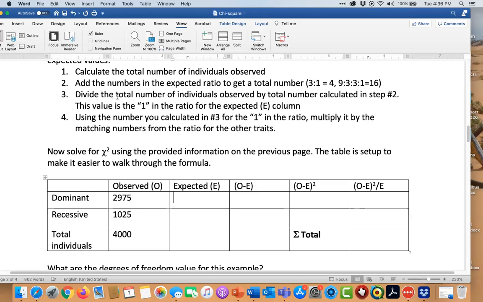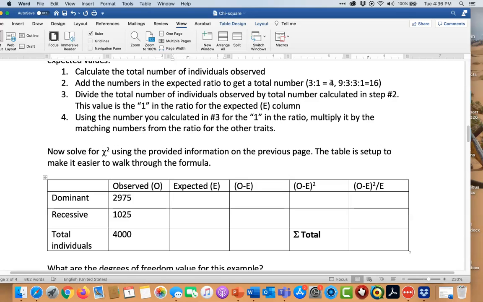Now we're going to take the total number of individuals observed, so this number right here, and we're going to divide that by the number we calculated up here in step 2. So in this case, we're going to divide it by 4. So total number of individuals, 4,000, divided by 4.